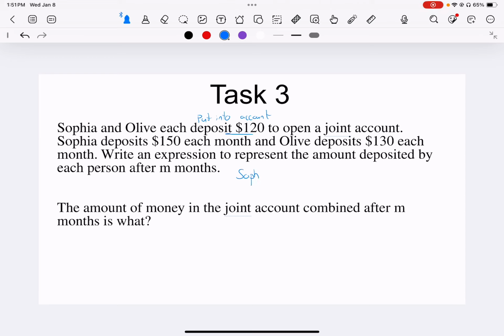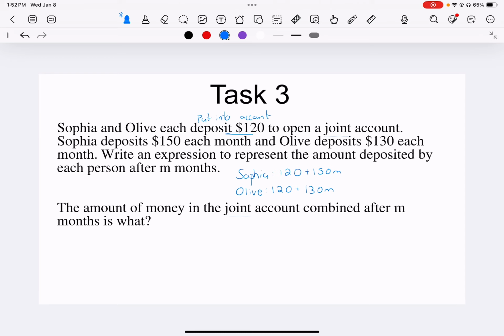So for Sophia, since she deposits $120 to start and then $150 each month, that's $120 plus $150m. Olive deposits the $120 as well, but she only deposits $130 each month, so it'd be $120 plus $130m.